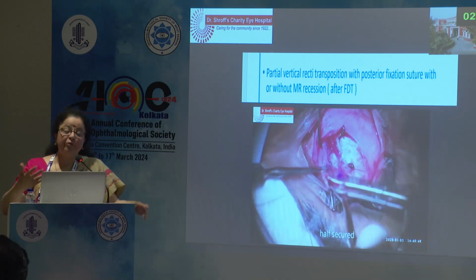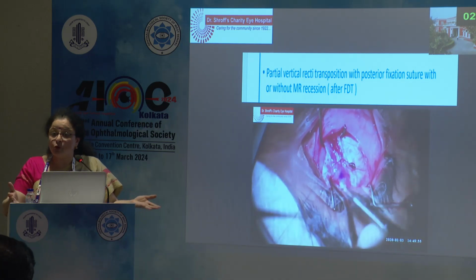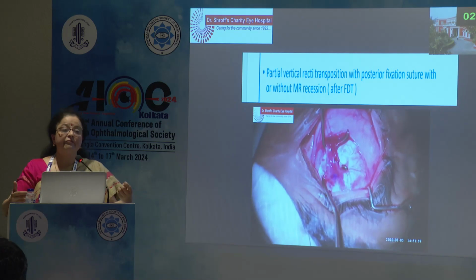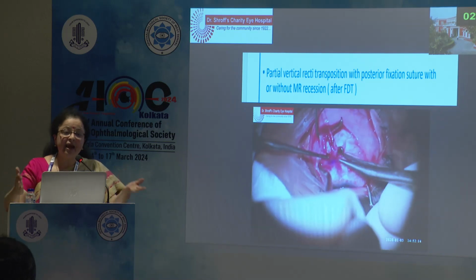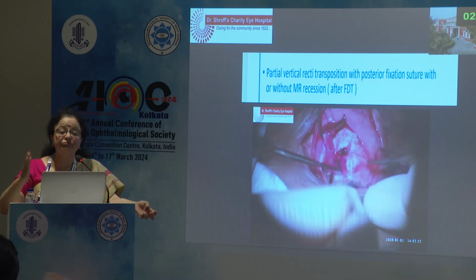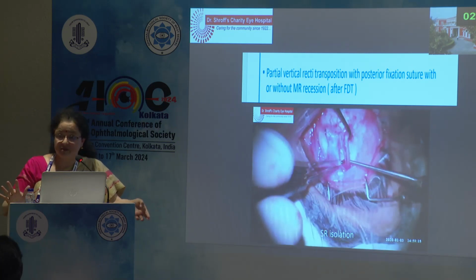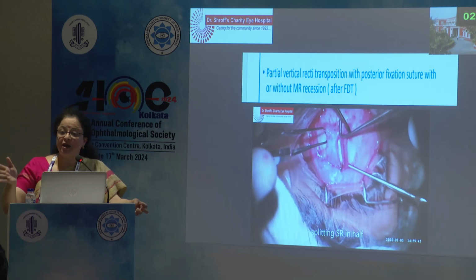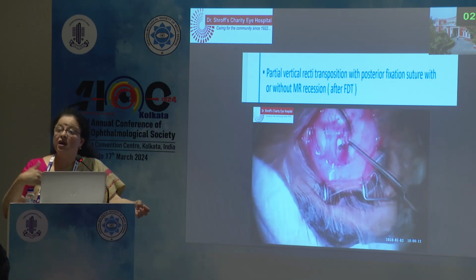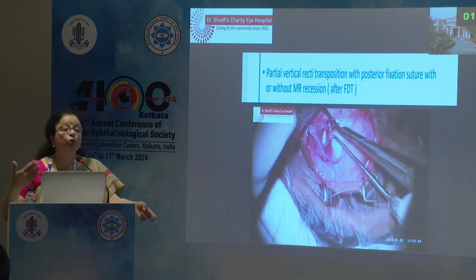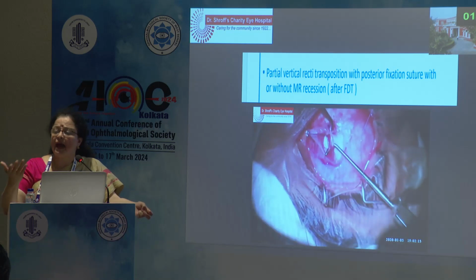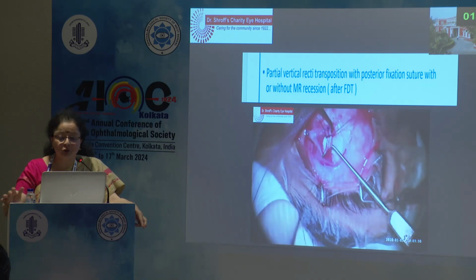Of course, I'm not saying that modified Nishida, you don't have to know it, because there might be instances where you have a patient who might have anterior segment ischemia risk factors, so you need to know the procedures. Because you can't say, I have not done Nishida, so I will not do Nishida, and that patient has iris angiography showing that this patient is prone, an elderly patient with diabetes, so you will have to know these procedures.